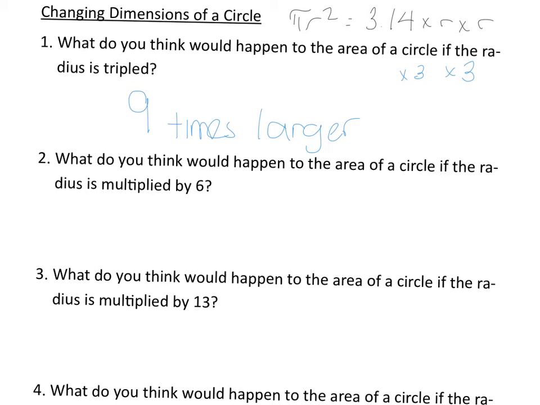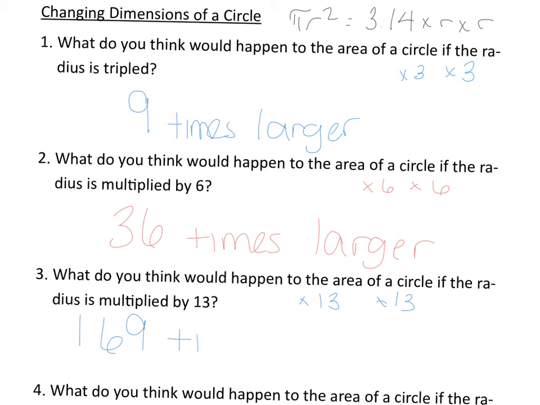And if we were to make the radius 6 times larger, we could expect that the area of the circle would be 36 times larger. And if we were to make the radius of the circle 13 times larger, we can anticipate that the area would be 169 times larger.